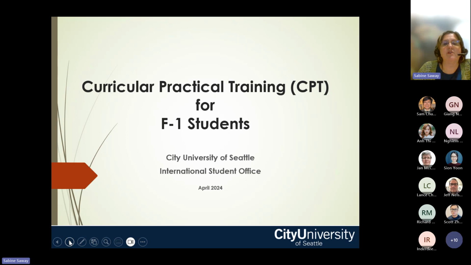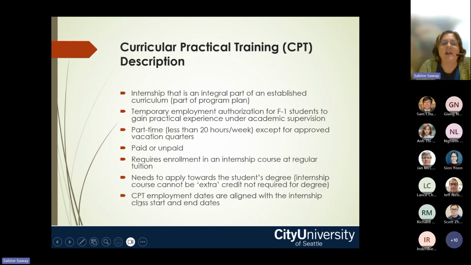So this is about curricular practical training for F1 students. Curricular practical training is an internship that's an integral part of an established curriculum, and it allows F1 students to pursue temporary employment and gain practical experience under academic supervision.